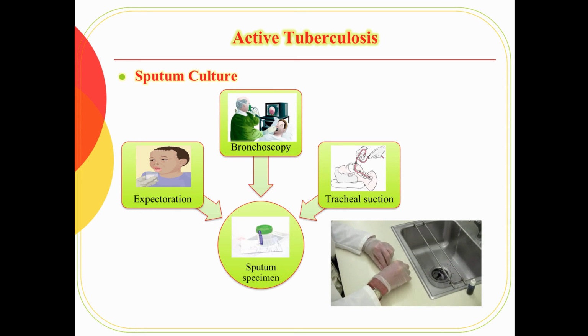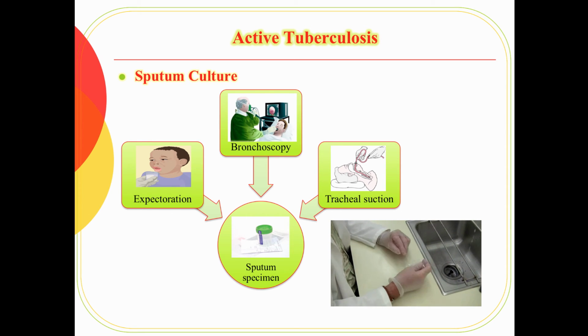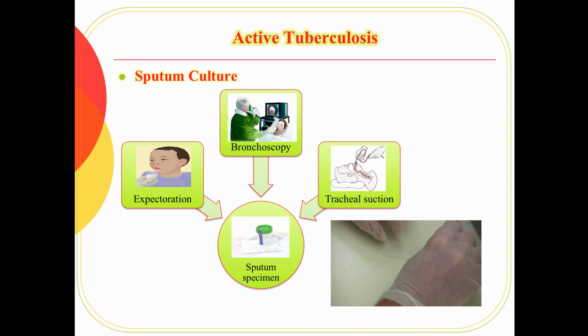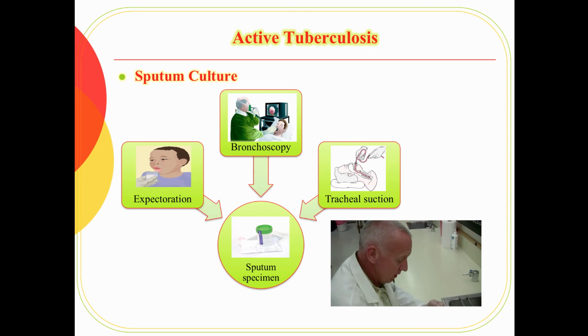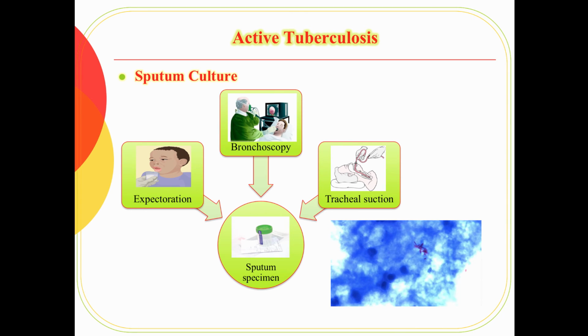And then you're going to look at the slide under the microscope using low power and then high dry, and then you must use oil immersion to see the small acid-fast bacilli, which will appear reddish, and the non-acid-fast bacilli will be blue, and all of the background material will be blue also. Okay, so this is how it is identified.